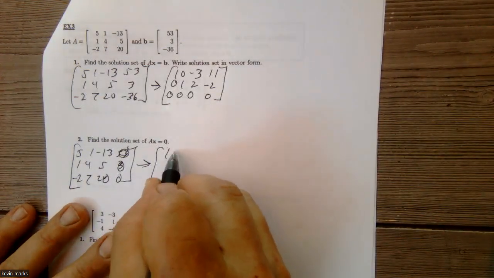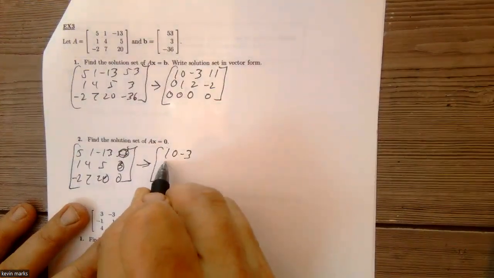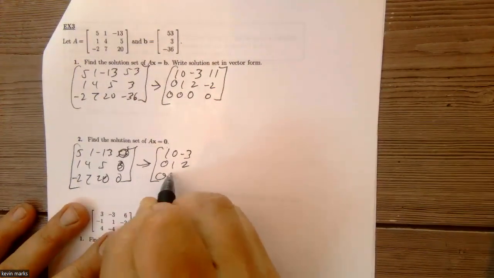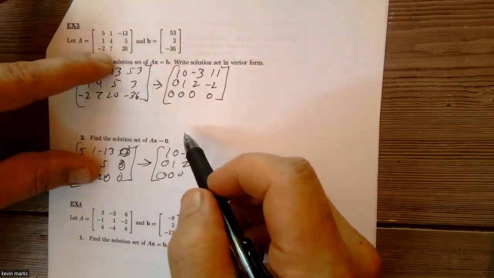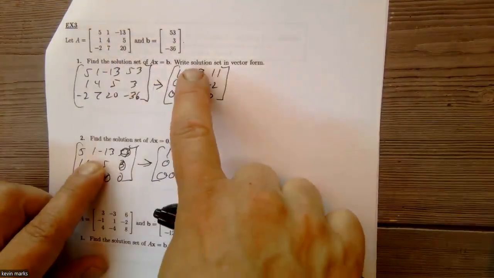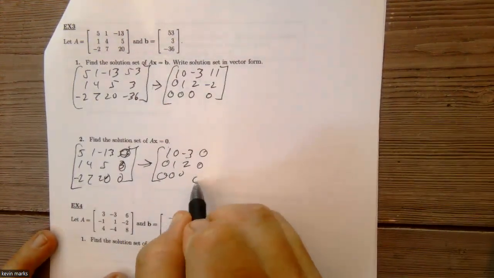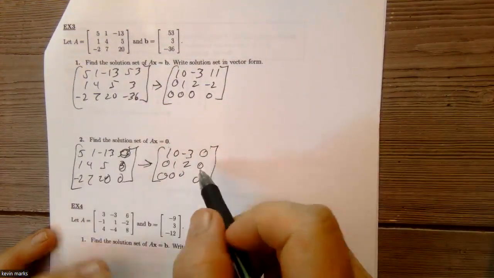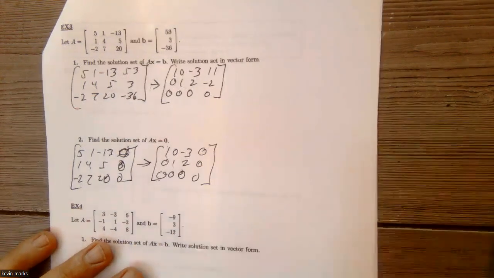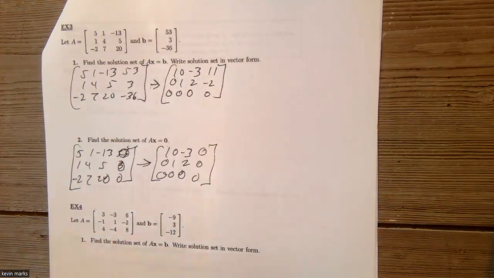So you could throw in a calculator if you don't trust me, but basically that 1, 0, -3, the 0, 1, 2, and the 0, 0, 0, that A, the first three columns, is not changing. The only thing that's going to change is this. But this one happened to be the 0. No matter what I do, that one's never going to change. It's always going to be 0, 0, whatever the row operations are.